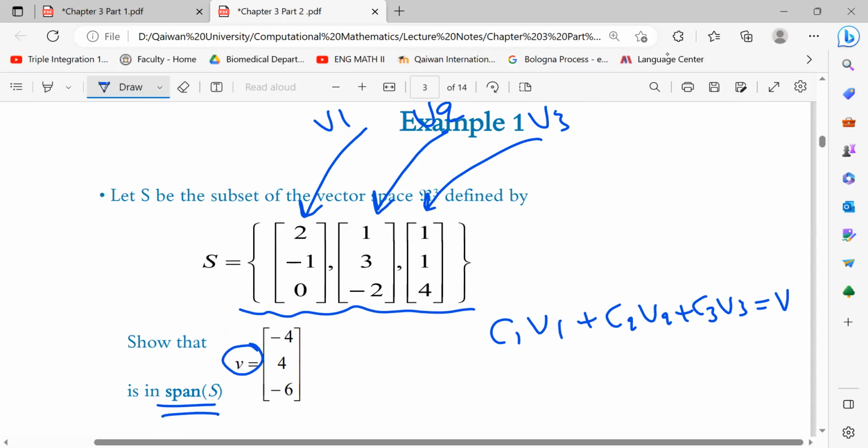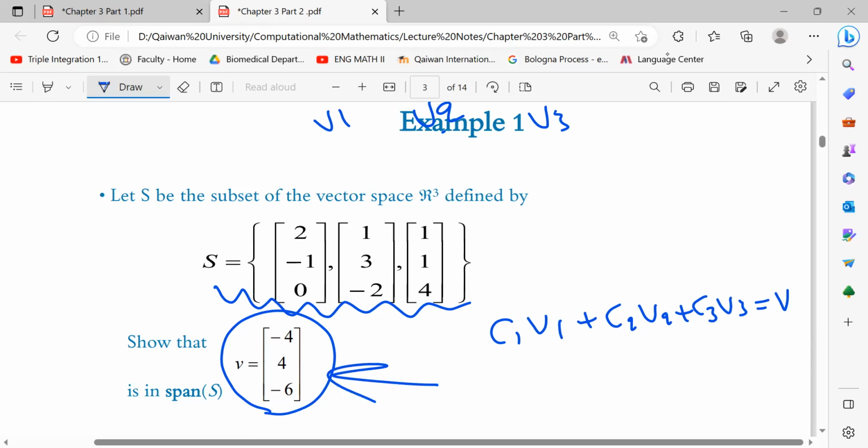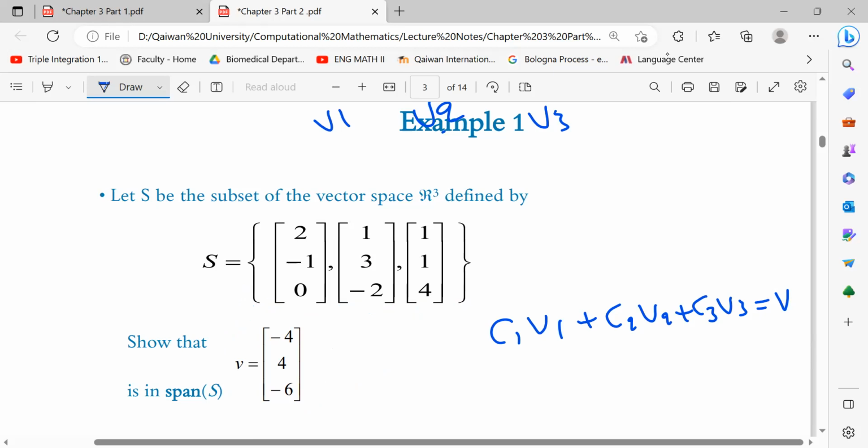Look, think about linear combination. In linear combinations, we said if a vector could be written as the linear combination of some vectors, what we did was C1 V1 plus C2 V2 plus C3 V3 for the vectors in S is equal to this vector, and then we try to find the values of C. If we could find values of C, and if we don't get some impossibilities, it means it is a linear combination.